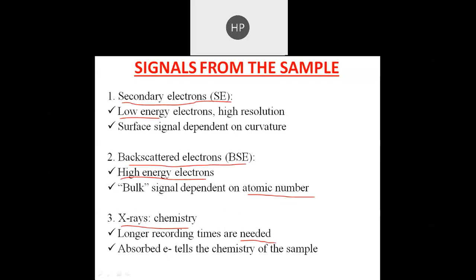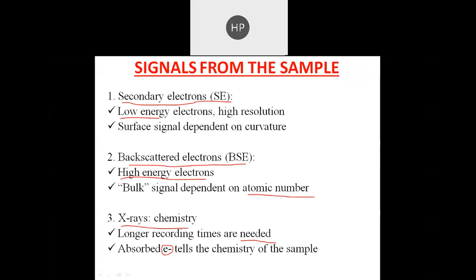If you do not know the exact chemical composition of the specimen, by using this X-ray we can identify the chemistry of the whole sample.